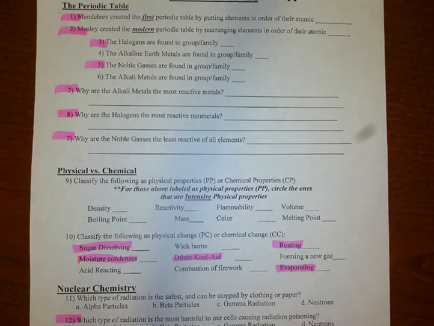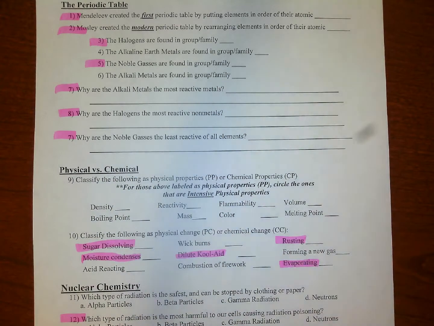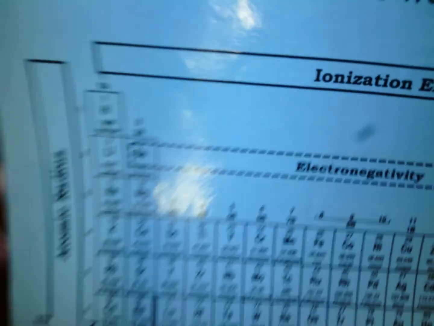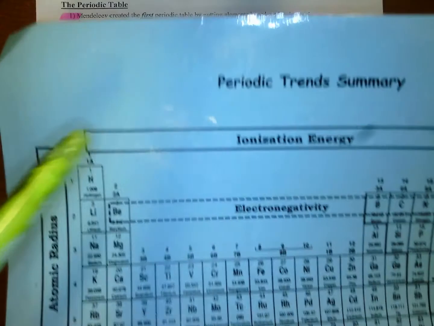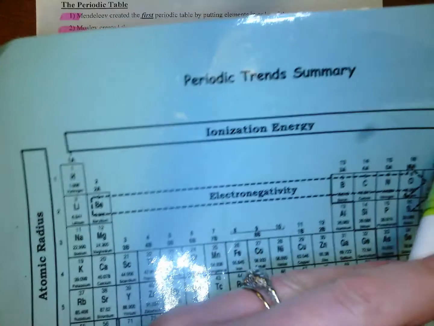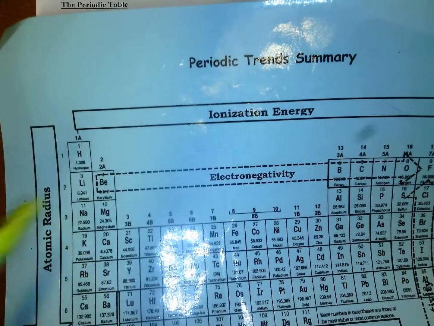So if you totally forget, if you just get out a periodic table and look at it, like any periodic table, you're going to notice that they are arranged in order by their atomic number. 1, 2, 3, 4, 5, 6, right? They are not arranged by weight anymore.